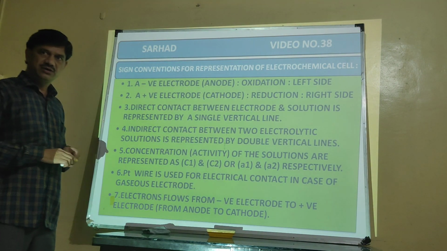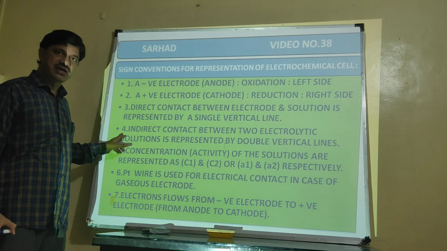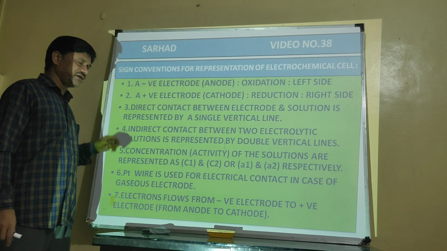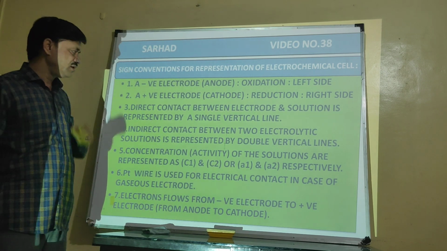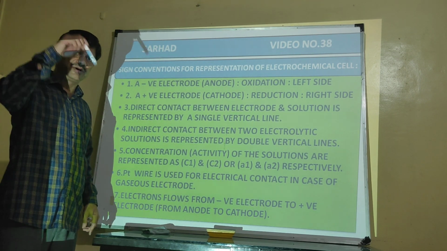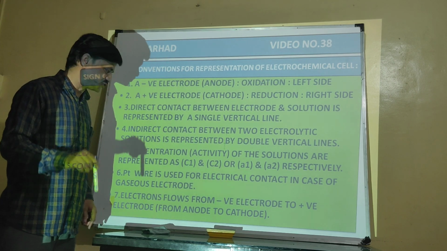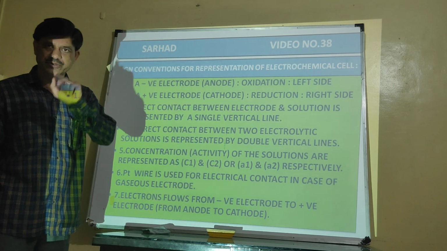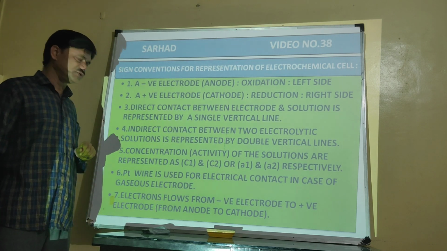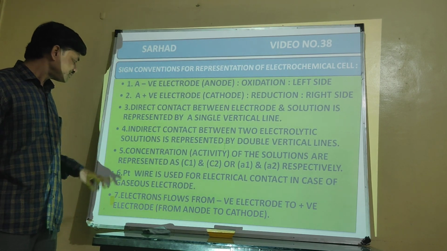What about the next point? Whenever we are dealing with indirect contact between two electrolytic solutions, then one represents a double vertical line. So a single vertical line is used to indicate direct contact between rod and surrounding solution. A double vertical line is used to indicate indirect contact between two electrolytic solutions. What about the next point?